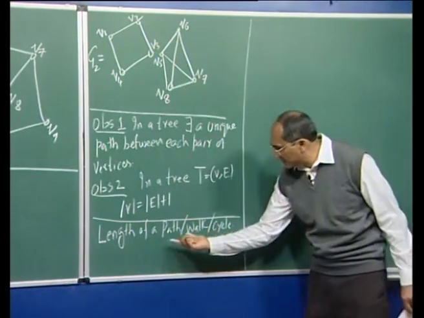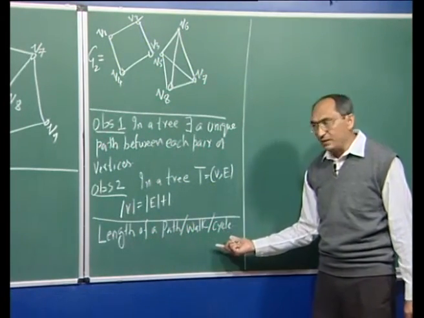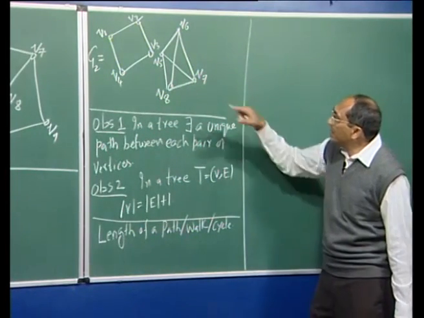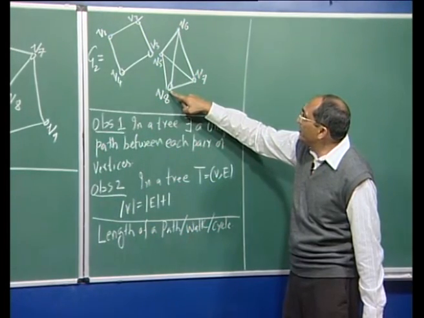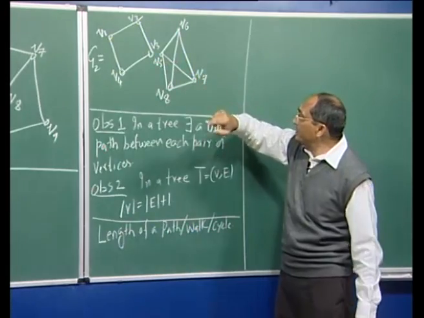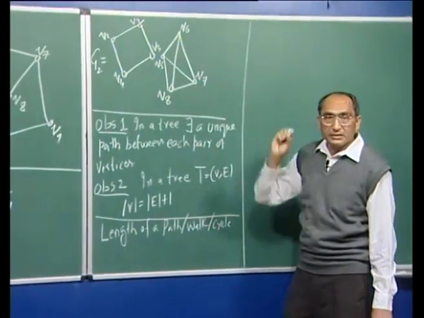In all the cases, the length refers to the number of edges in that entity. So let us take an example of a path V8, V7, V6, V5. This has got 1, 2, 3 edges in it.